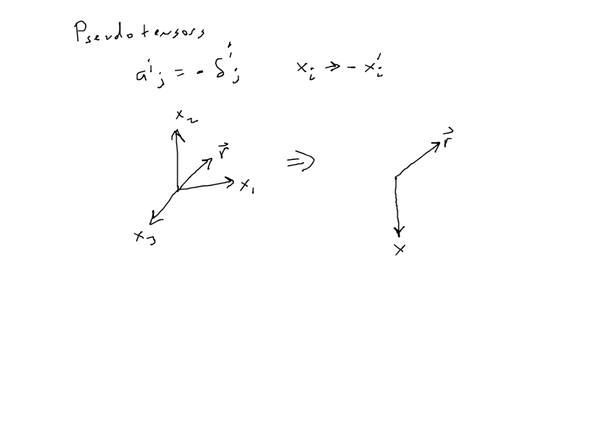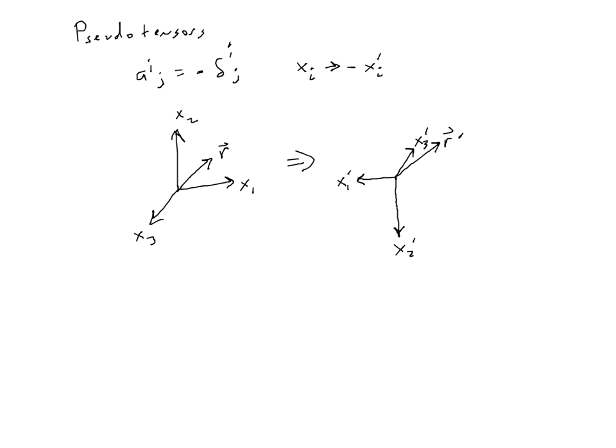So x2 is going to be pointing down, x1 is going to be pointing this way, and x3, instead of out that way, is going to be pointing this way. Okay, and so you can see that all the coordinates have changed, but the vector is really the same old vector. And so this is r prime now.